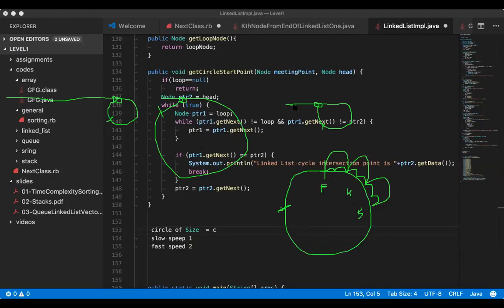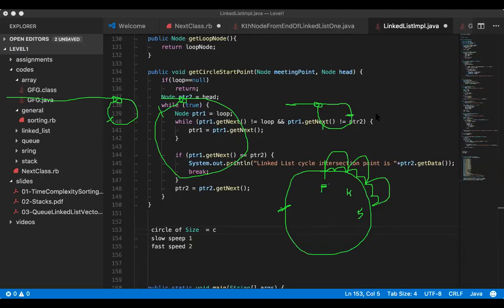So now just assume the same thing happening, with this knowledge. When our slower pointer reaches the circle, at that point of time, the faster pointer would be somewhere here.